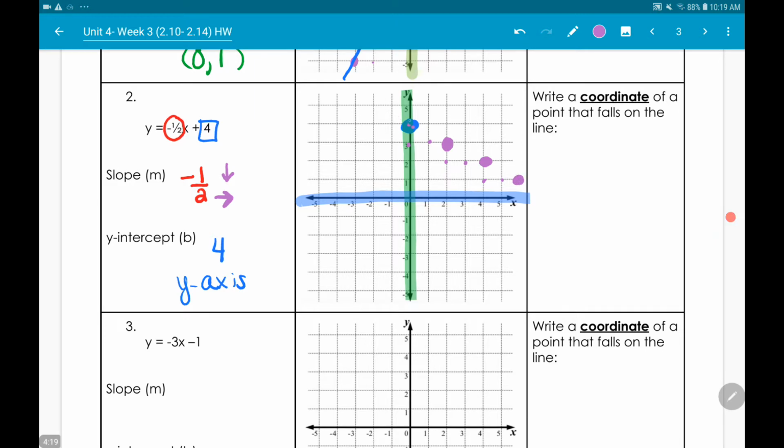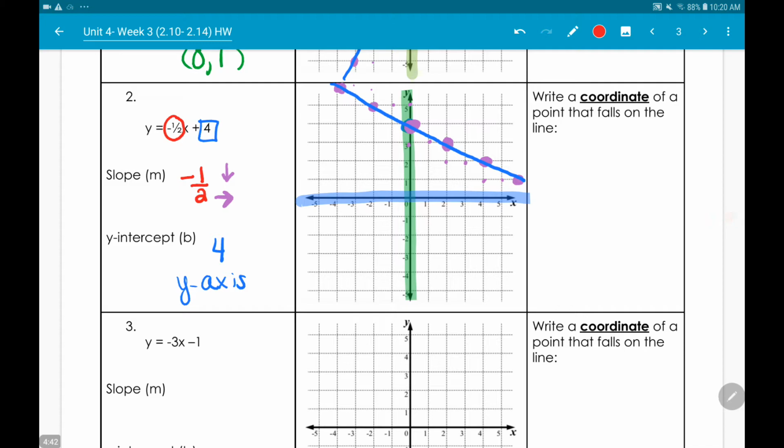And same thing in the opposite direction. So I go back to my y-intercept, and now I'm going opposite. I'm going up, left, until I reach the edge of my graph. And once I reach the edge of my graph, I can connect the points. Make sure your line goes all the way to the edge.